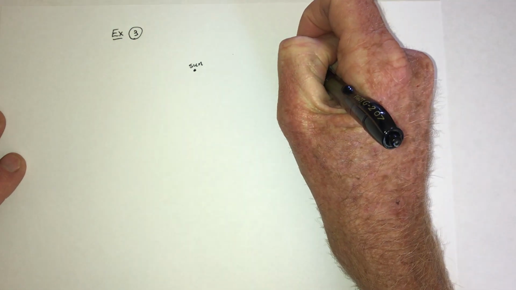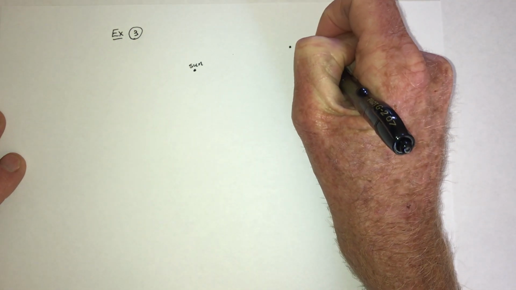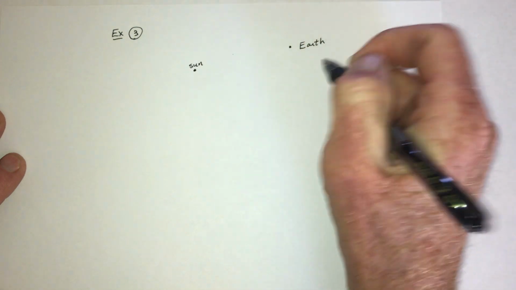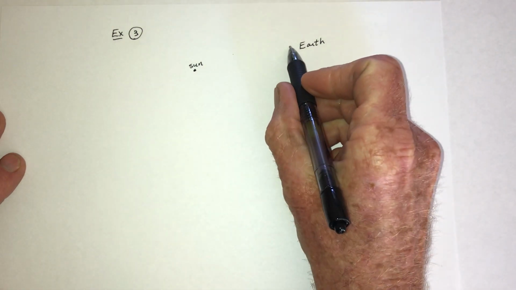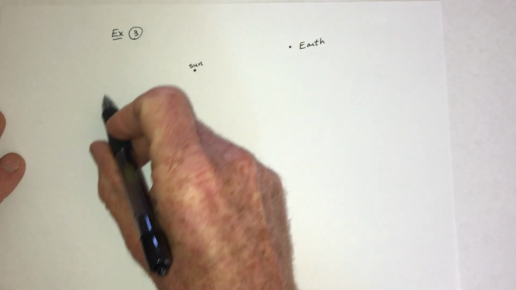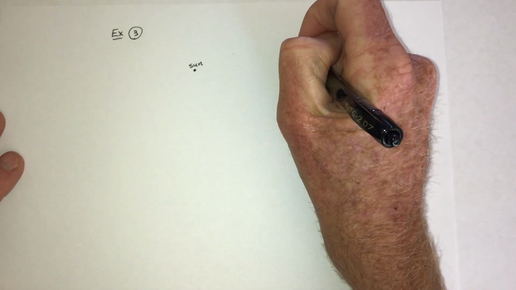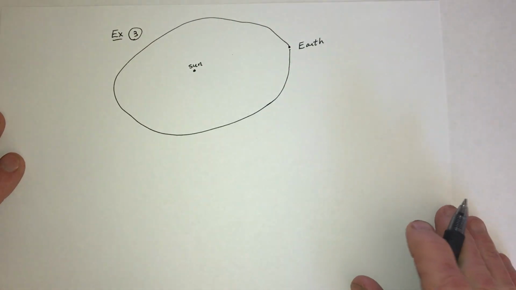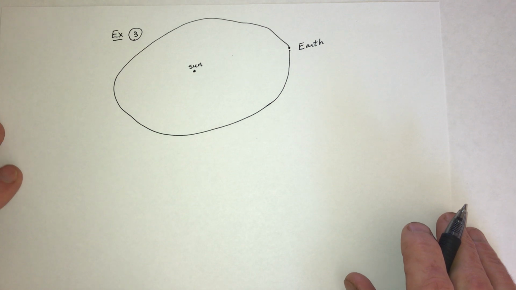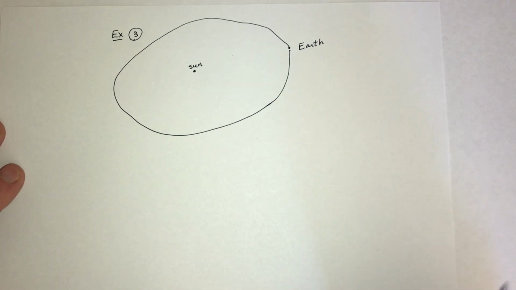And then somewhere out here is Earth. And as the Earth goes around the sun, we actually make an ellipse or an oval shape. But it's very close to a circle. Okay, that's sort of a sloppy circle. But anyway, it's very close to a circle. So we can use this to estimate how fast is Earth going.